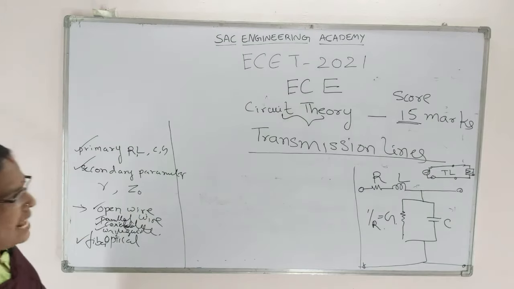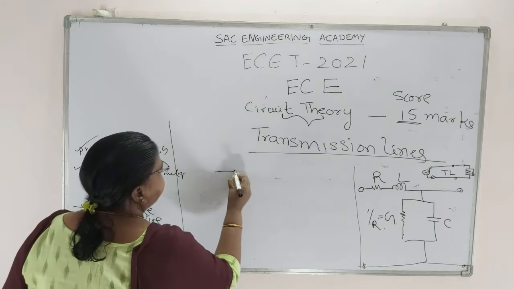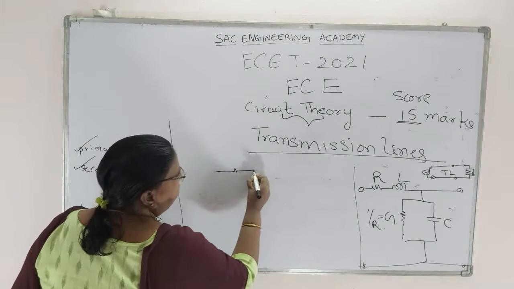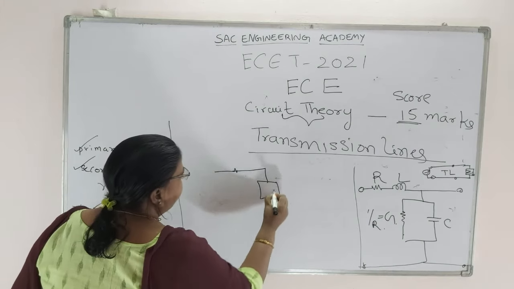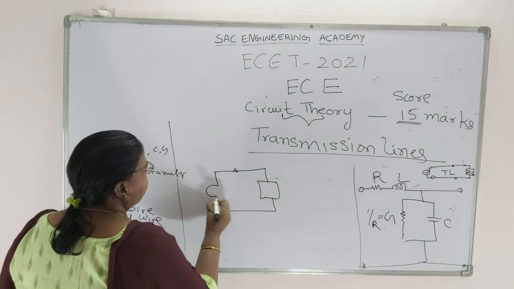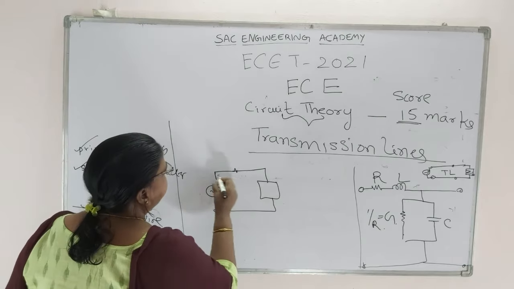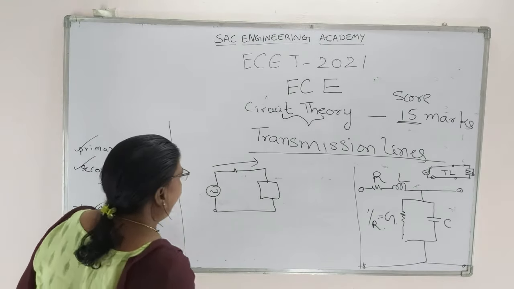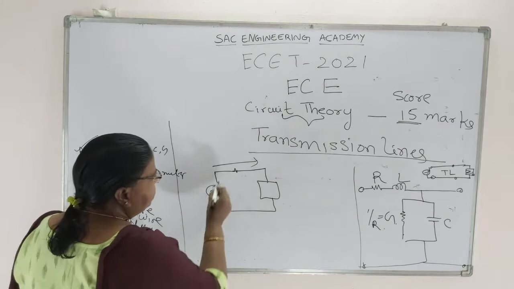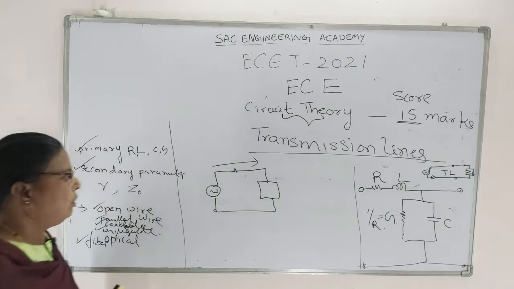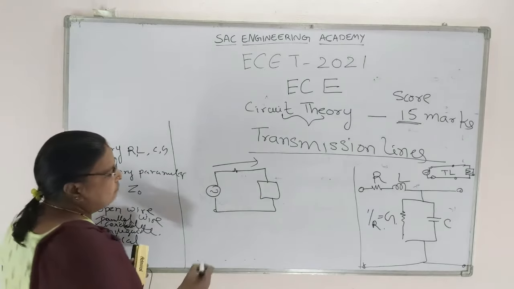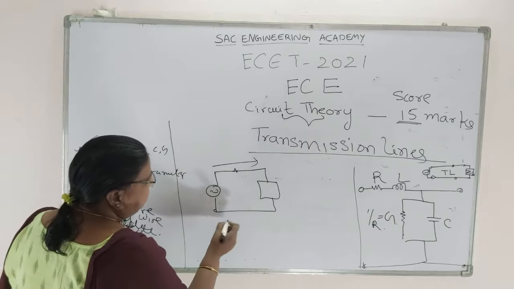So the transmission line transmits the signal to the load, from transmitter to receiver. While it transmits the signal, what is the main requirement?